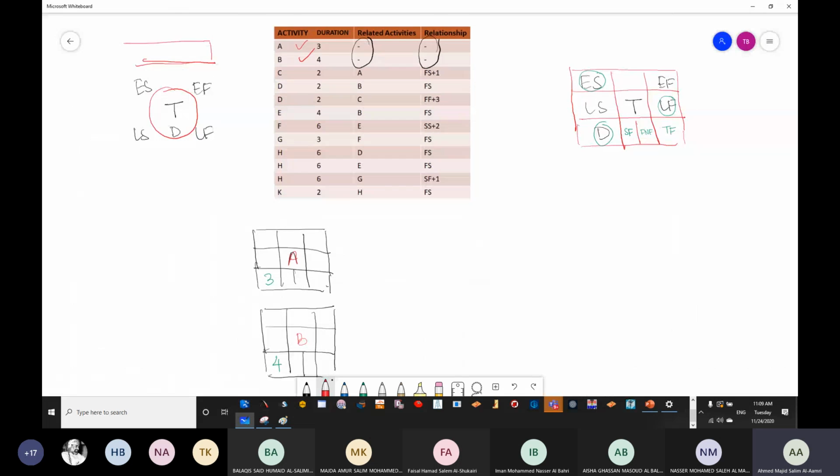How to read it? We are going to read it as finish A to start C. The first letter is going to go for the related activity. So I need to finish A to start C.